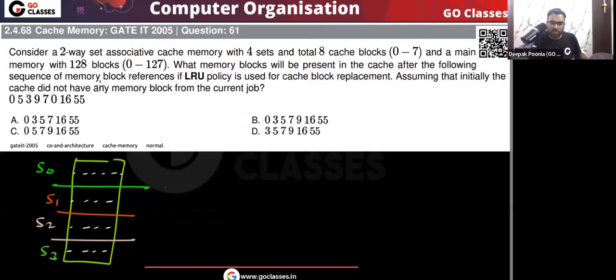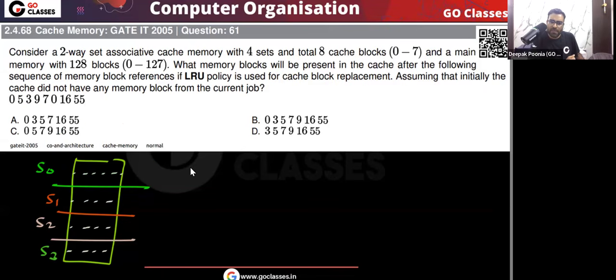And remember one more thing. In the set associative cache, to which set will a block number map? We already know that in a set associative cache, any memory block will map to a unique set. Here we have a total of 4 sets. So tell me, if the block number is given to you in decimal, like here the block numbers are given in decimal, to which set will they map?